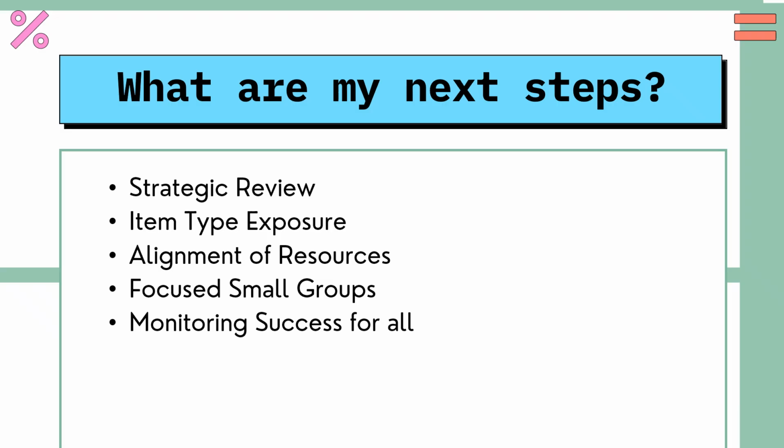And then also ensuring the alignment of resources. We're fortunate in the state of South Carolina for teachers to have access to assessment specifications. The assessment specification looks at the previous year's state assessment, and it gives you insight into some areas in which students need more support.